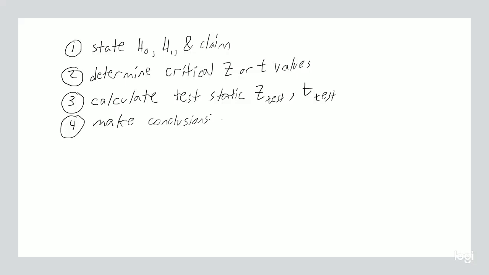Which means, do you reject the H0 or not? Do you accept the claim? Or not? Okay, this is the formal process for all hypothesis testing. Now let's do a number of examples.